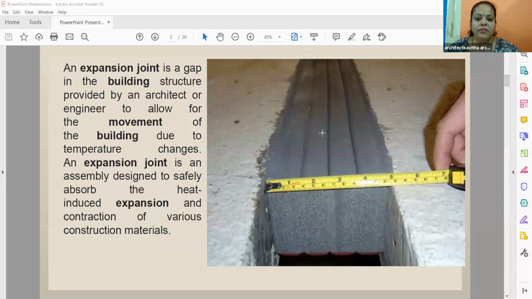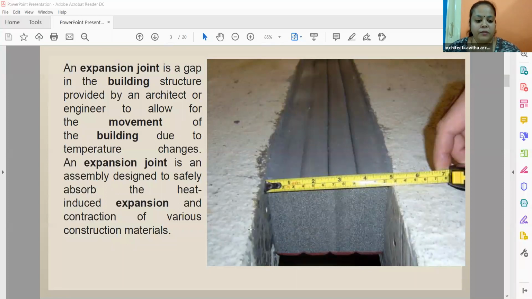Because the tendency of wood is that it will contract in summer and expand in winters or rainy season, and it will get tight. So this expansion will happen in buildings also. Though we are using cement, mortar and reinforcement, still there is a slight movement in these materials also. So to give that space, we have to give this gap so that it will have a better movement in the structure.